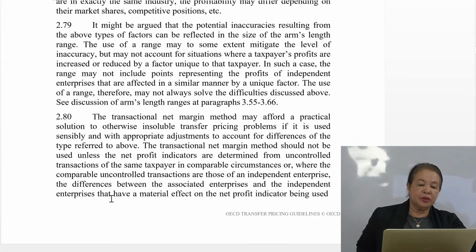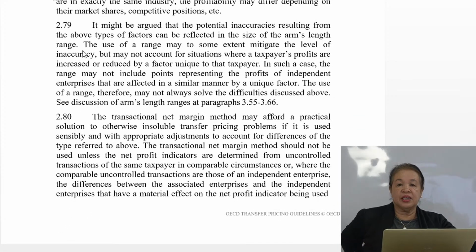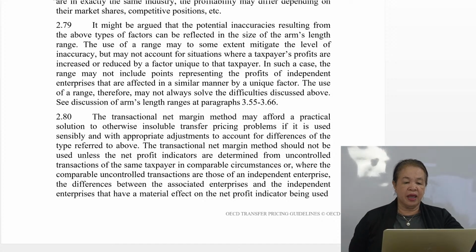Okay. So it might be argued that the potential inaccuracies resulting from the above types of factors can be reflected in the size of the arm's length range. So the use of a range may, to some extent, mitigate the level of inaccuracy, but may not account for situations where a taxpayer's profits are increased or reduced by a factor unique to that taxpayer.